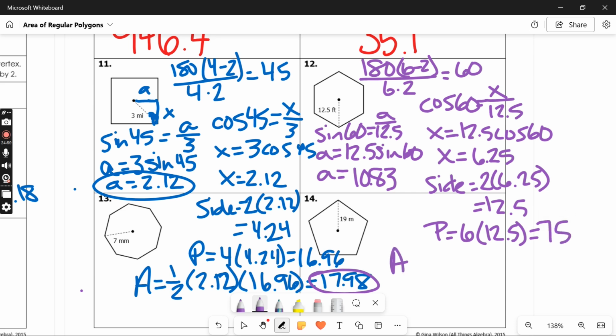And then I can find my overall area by doing 1/2 times 10.83 times 75, which is 406.13.